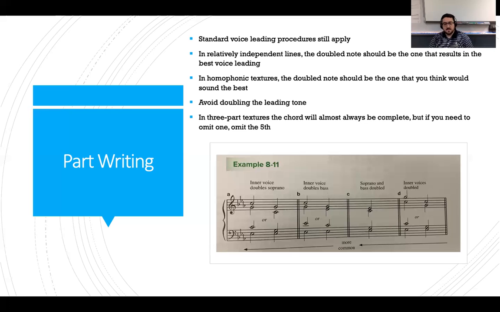A little bit less common, but still see it, would be the inner voice doubling the bass. So we have, in this case, the tenor doubling the bass. Soprano and the alto doubling, a little bit less common.